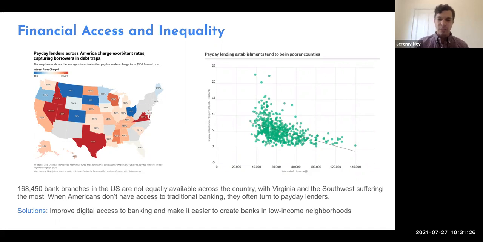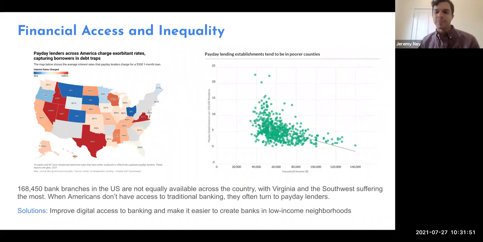So around the solution space, as probably many of you have figured out during COVID times, digital access to banking is a great solution here. But again, this connects to some of these interconnected forces: if your bank moves out of its brick and mortar location and tells you to log onto the app to access your finances there, but you don't have internet, then again, you're in this digital redlining space, as they refer to it.